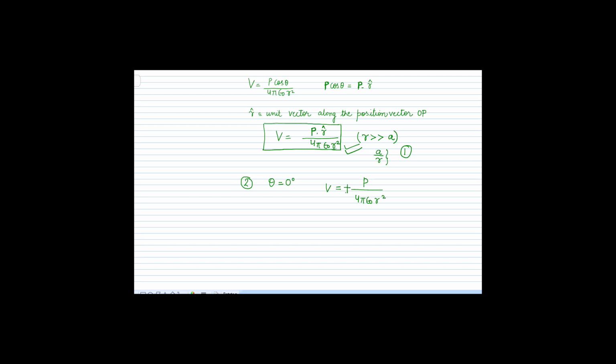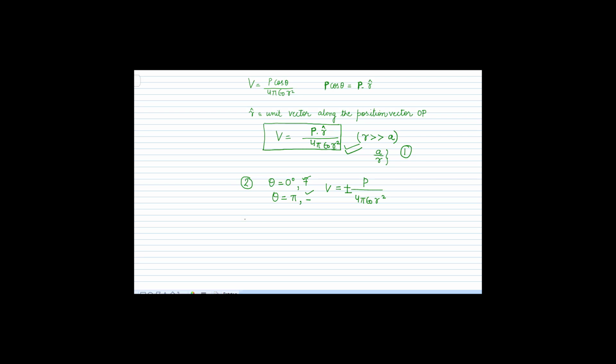This is positive when theta is equal to 0 degrees, and negative when theta is equal to pi. That means either they are parallel to each other or anti-parallel. So when these are parallel, we go with the positive sign, and when these are anti-parallel, or theta is pi, 180 degrees, we go with the negative sign. So these are the two conditions we have to impose for this relation.